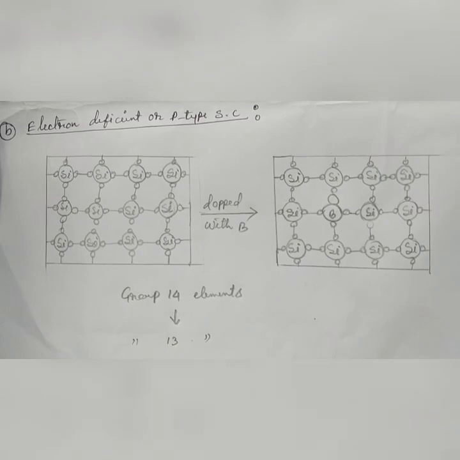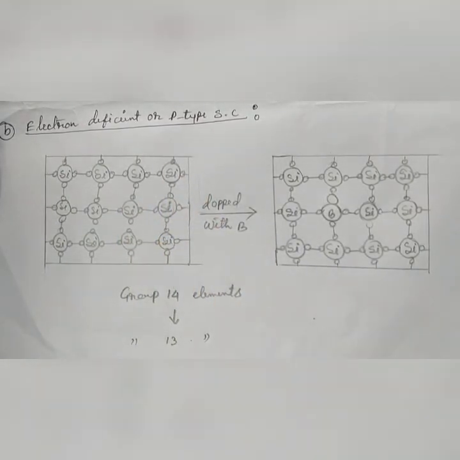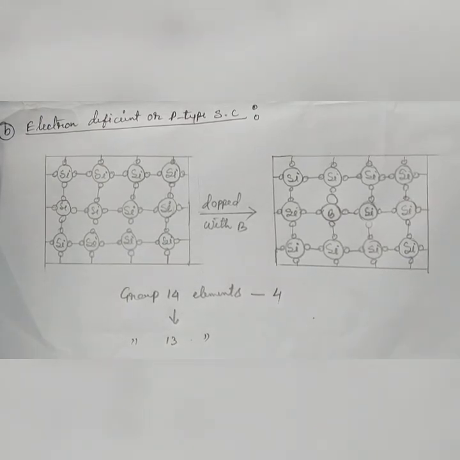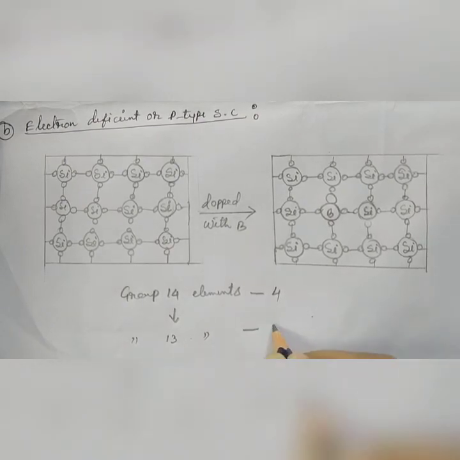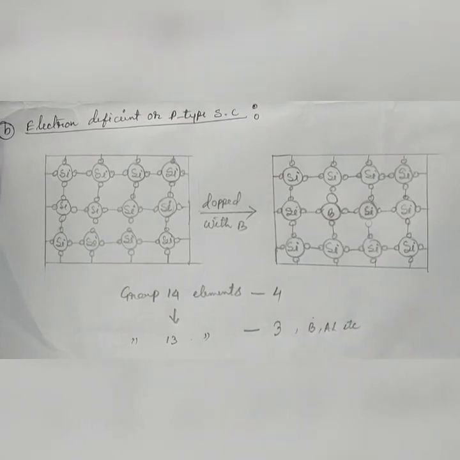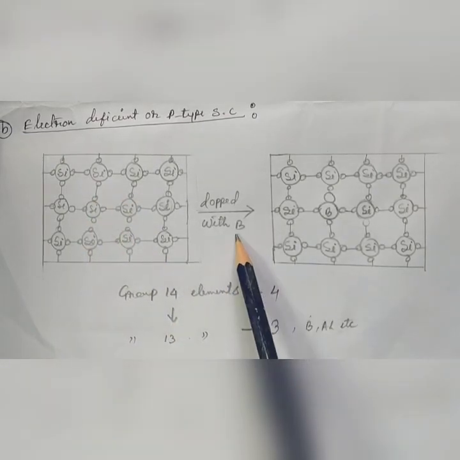So here also we took the crystal of silicon, because silicon is a group 14 element, and we know that in group 14 elements there are a total of 4 valence electrons, and in case of group 13 elements there are a total of 3 valence electrons. For example boron, aluminium, etc. These are group 13 elements. Now this crystal will be doped with a group 13 element, say boron.